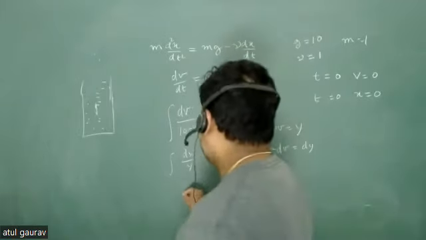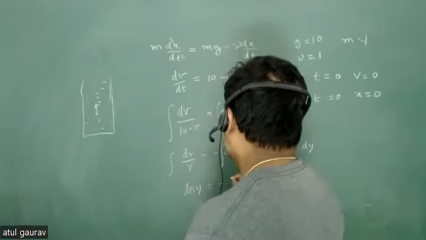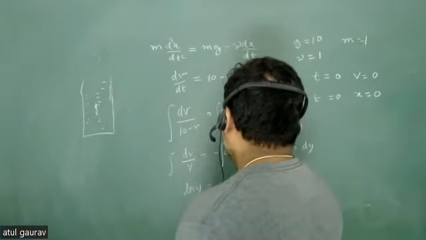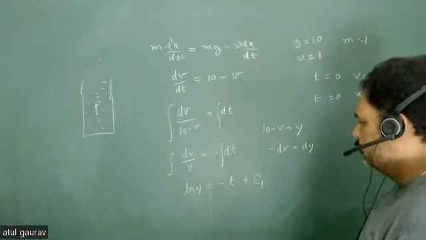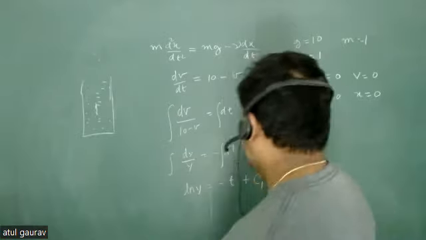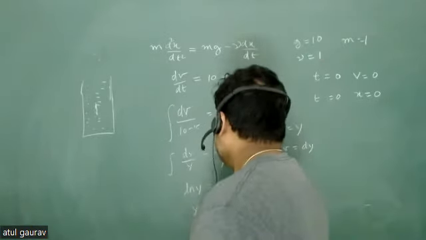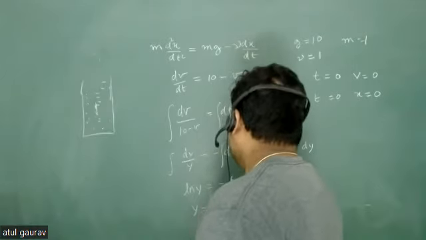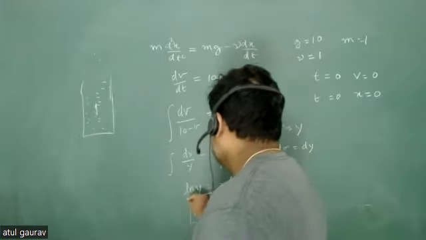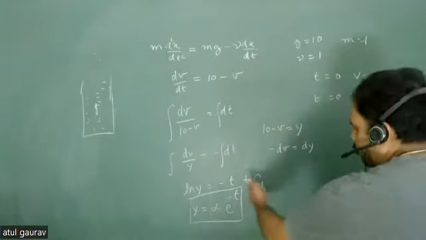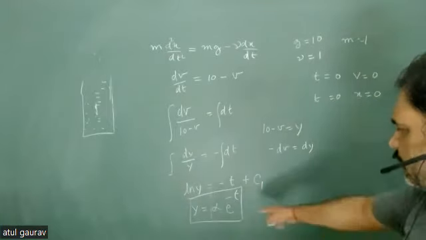What is this particular thing? ln y is equal to minus t plus some constant c1, isn't it? है ना? Am I correct? So I can write y is equal to some constant alpha e to the power minus t. अल्फा ई टू दी, इसको इधर ले जाओगे तो ई टू दी पावर c1, उसको हम अल्फा के टर्म में लिख सकते हैं. So this is my solution.